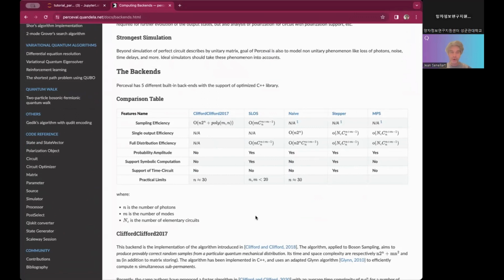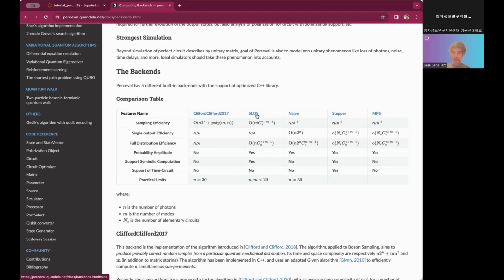There is documentation on that table, but the thing to understand is that Clifford is a sampler, meaning it behaves exactly like a physical device, and every time you call the algorithm, it produces one sample. This one is in some way your best friend when you are developing an algorithm, because it behaves exactly as hardware.